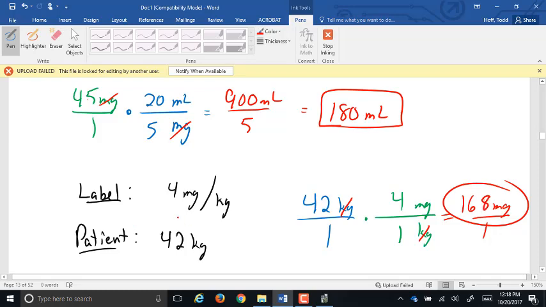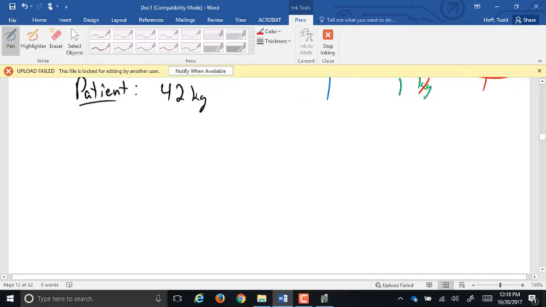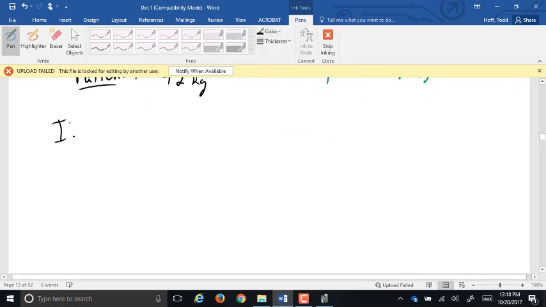This is not a problem that would apply to your dosage calculation formula, but you can still use dimensional analysis to solve it. Let's say you have an IV drip that needs to go at 4 milliliters per minute.